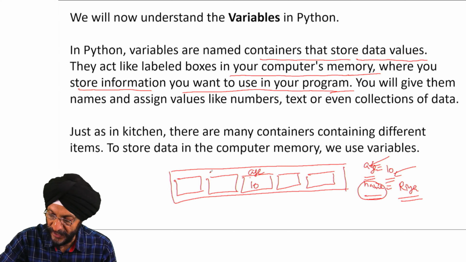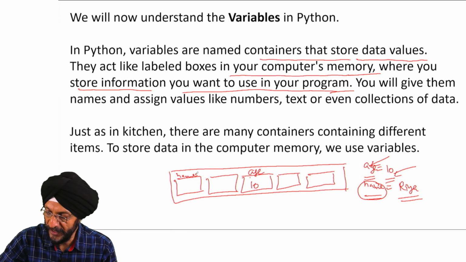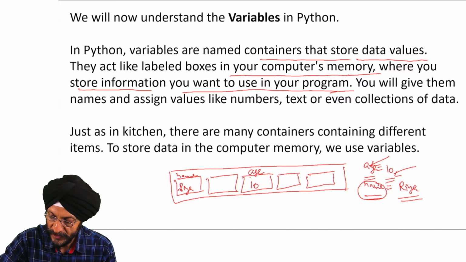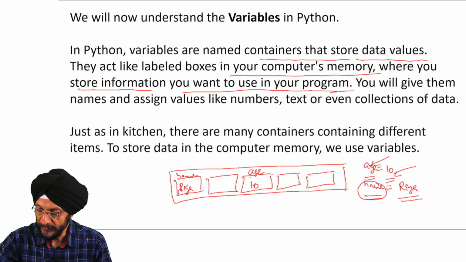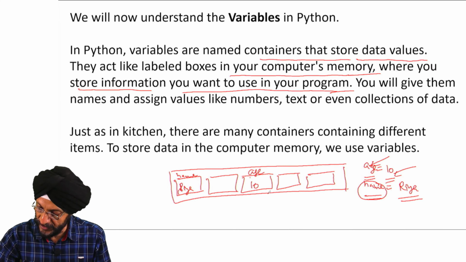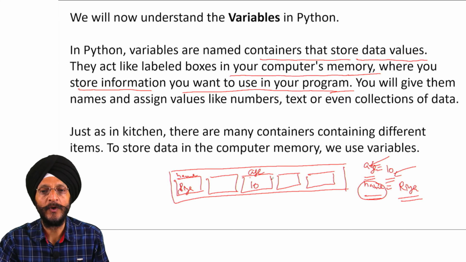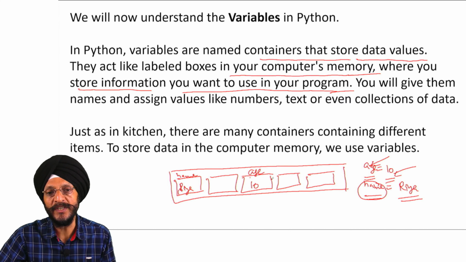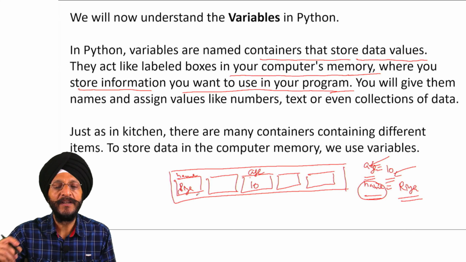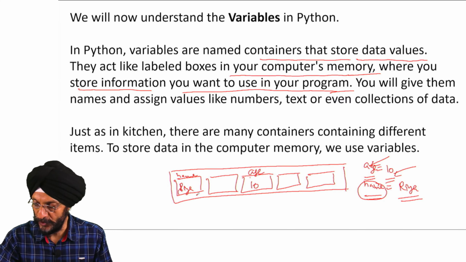At random, any memory location may be picked up by the computer system. Here the variable name is name and the value stored in it is Ria.